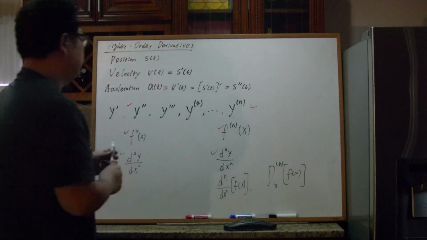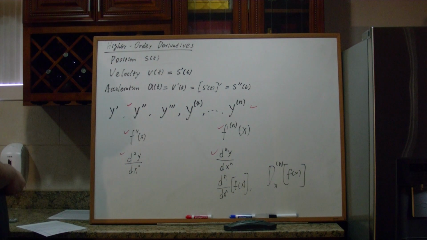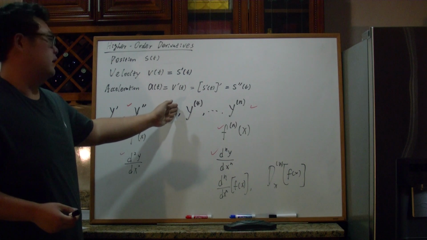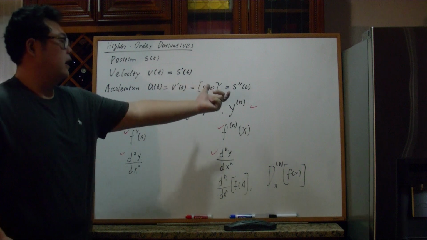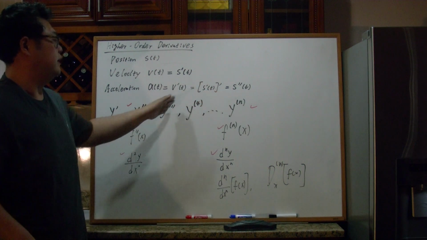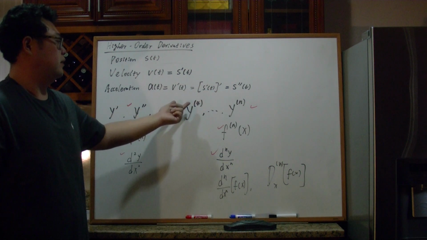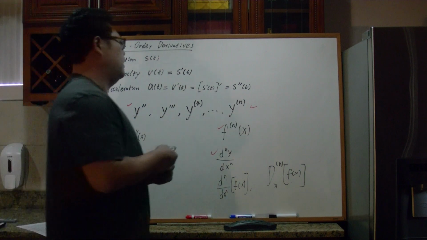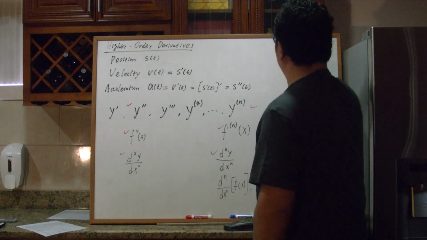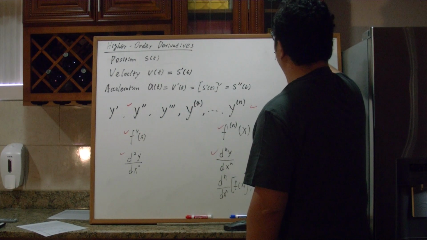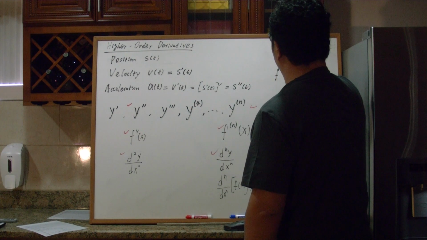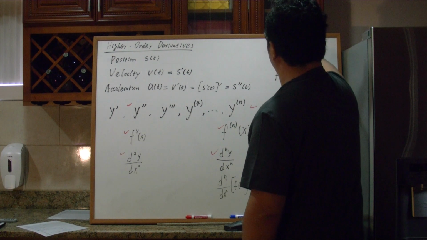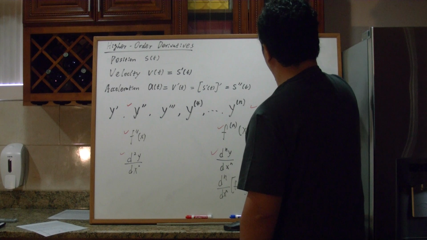So that is higher order derivatives. Make sure you understand it. Up to three times differentiated, we use primes. Higher than that, it's hard to make primes like usual, so we put parentheses around the number to distinguish it from f squared of x, or the second derivative, like 5 times.